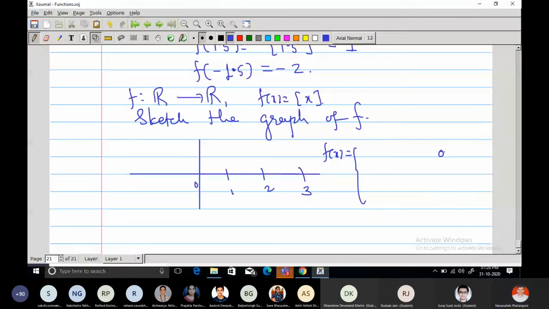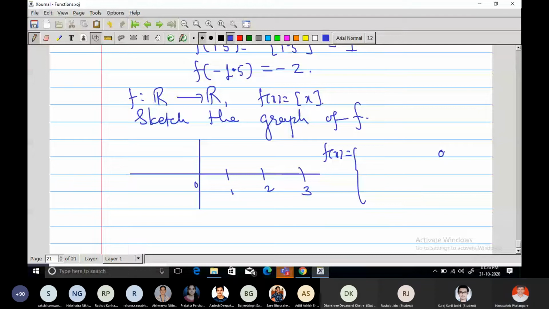For 1 less than or equal to x less than 2, the value is 1. But at 1 the value is not 0, at 1 the value is 1.